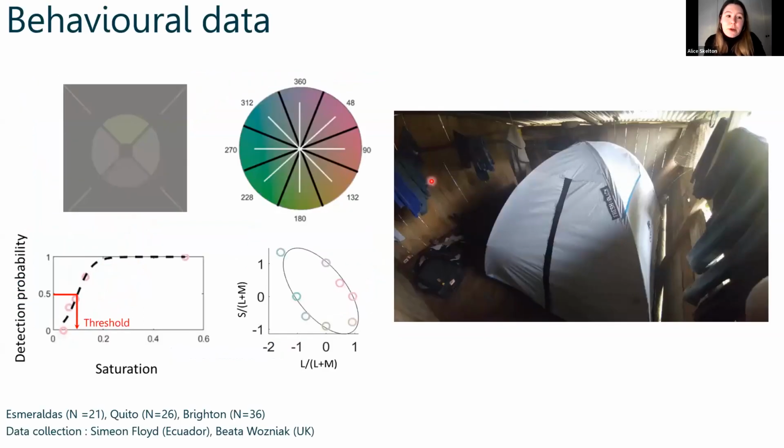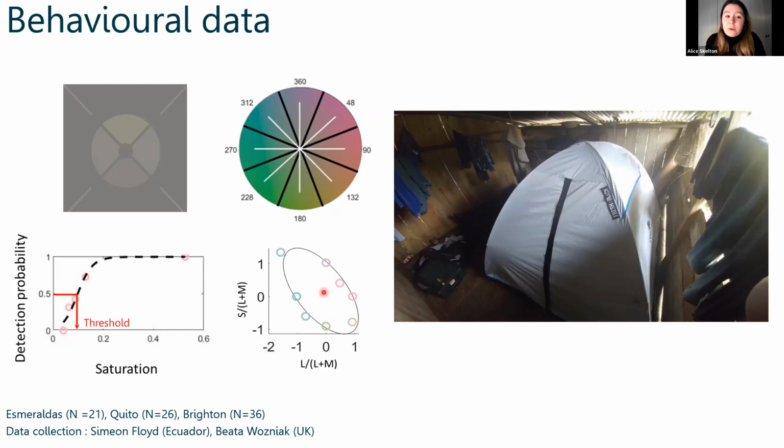So just as a reminder about what our task is, participants do this 4AFC task where they have to pick a colored target out from a field of gray distractors, and the chromatic target varies along each of these 8 axes that fall in the center of the hue bins that we're using for our image analysis. So we can find the point from plotting psychometric functions where participants can reliably detect the target, say 50% of the time, and read off their threshold.